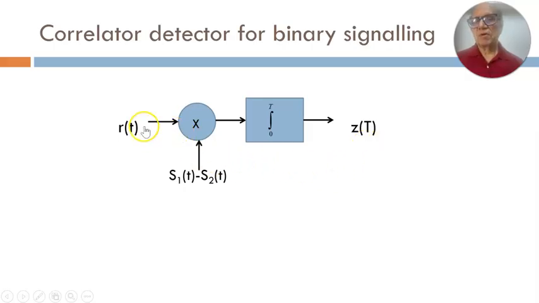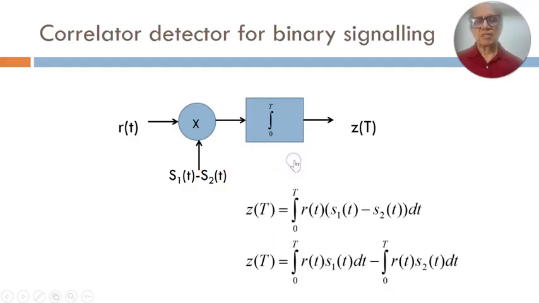So first of all, you have a product of r(t) and S1(t) minus S2(t) and then integration. So Z(T) will be S1(t) minus S2(t) multiplied by r(t), and the whole thing is integrated over the bit time 0 to T. Now what we can do is expand this expression and rewrite this equation in this form. So instead of using a single correlator detector with a reference input of the difference signal, we can implement two correlators, but each one has a reference input now.